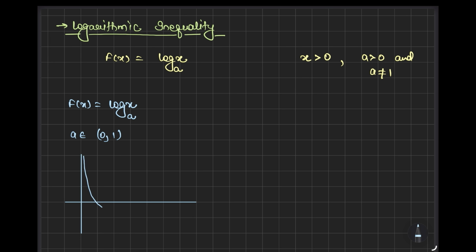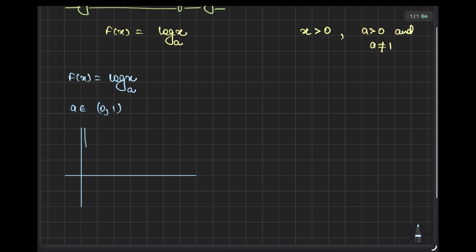So your graph will look like this. Suppose this is the graph. So this is 1 comma 0. Your graph will be decreasing.